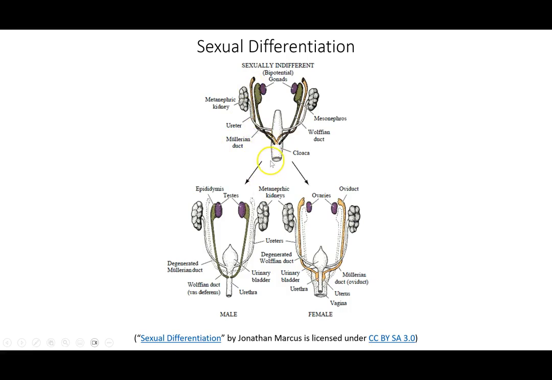And so again, that SRY gene, as long as it is functioning properly, can signal that Mullerian duct system to kind of shrink down, and then we will get the testes, epididymis, vas deferens, and so on and so forth. And without it, then we will get ovaries, and then the oviducts or uterine tubes, and the uterus and vagina itself.